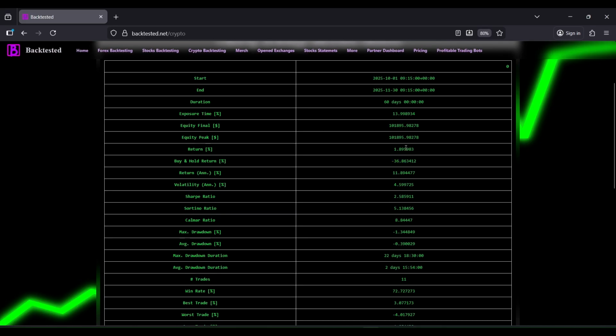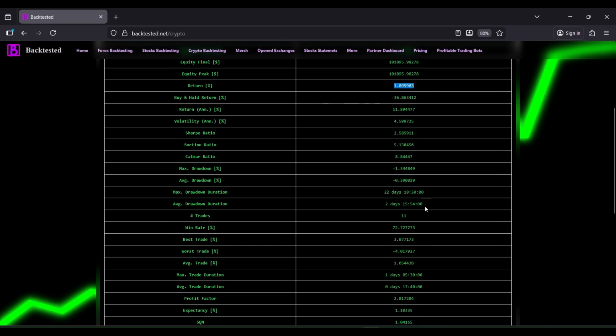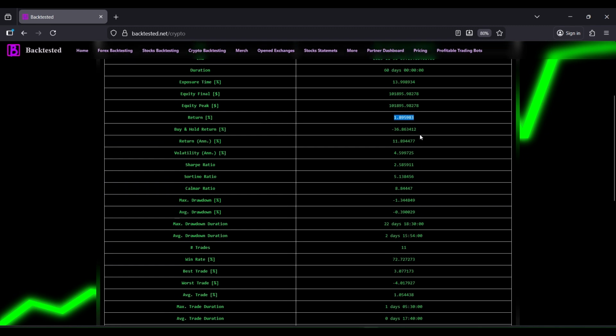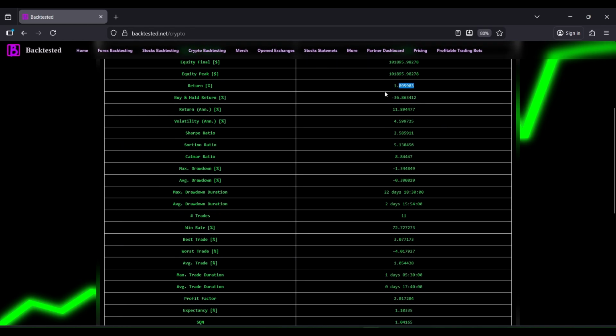And this is the return of the strategy. As you can see now, it's profitable, 1.89%. Of course, this is always depending on the amount you buy or you sell. If we bought more, we will be earning more.